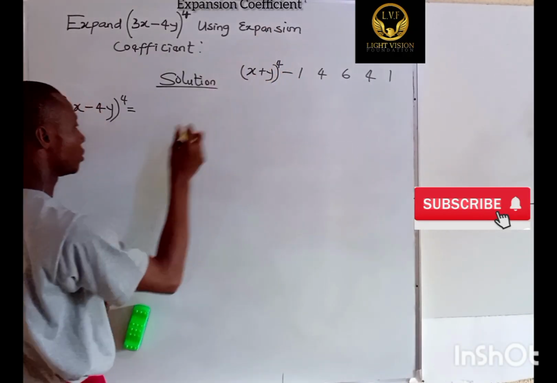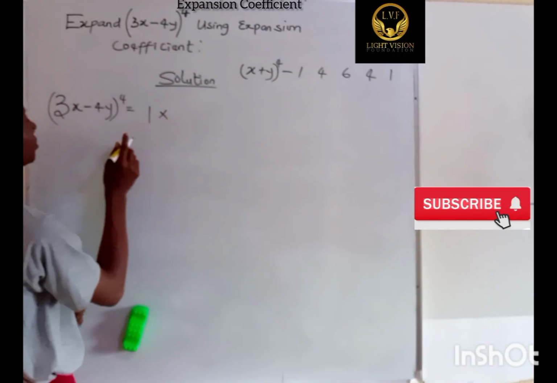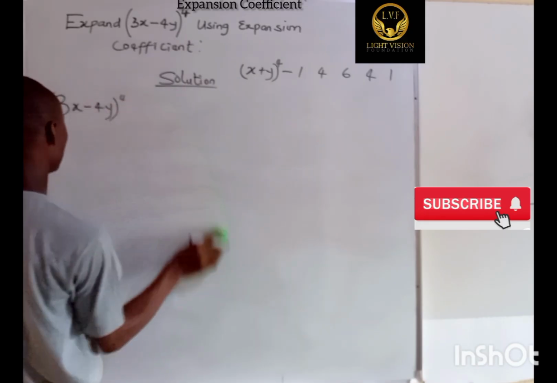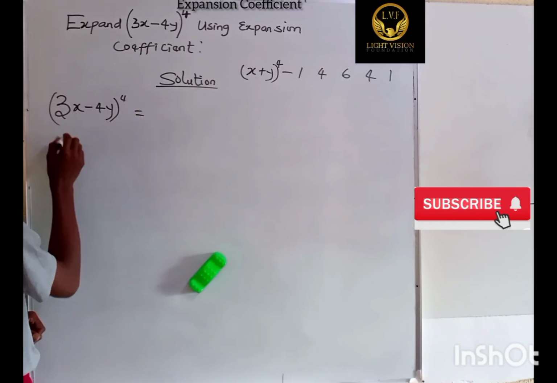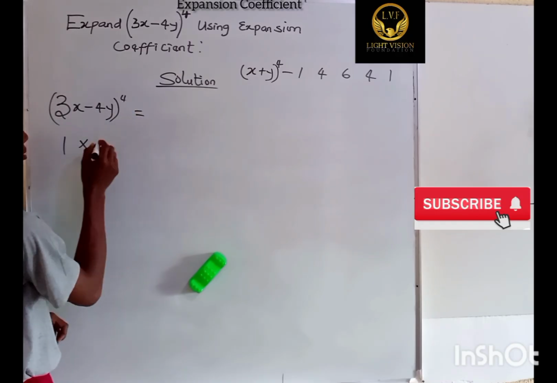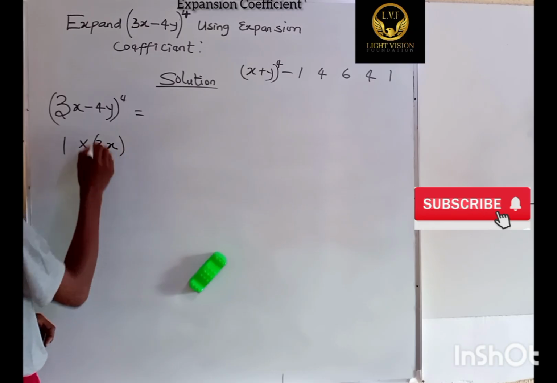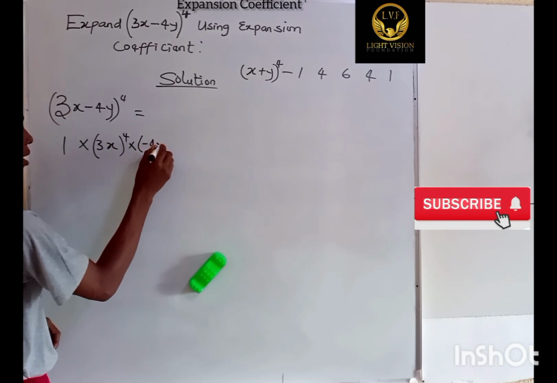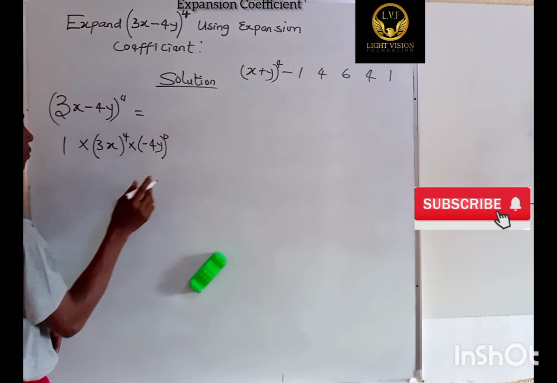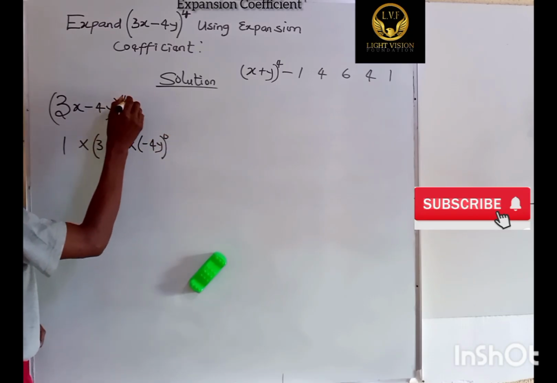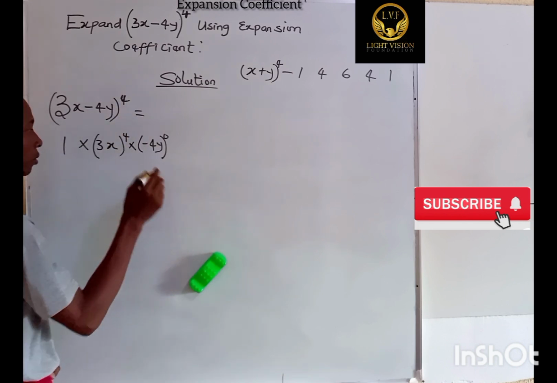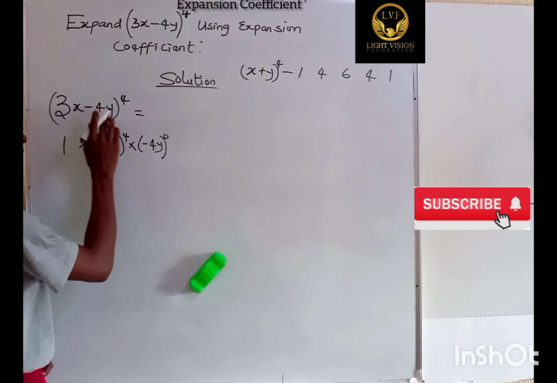We use the first coefficient, 1, times 3x raised to the power of 4 times (−4y) raised to the power of 0, because we have a power of 4 here, so this starts from 4 then decreases to 0, while this starts from 0 and increases to 4.